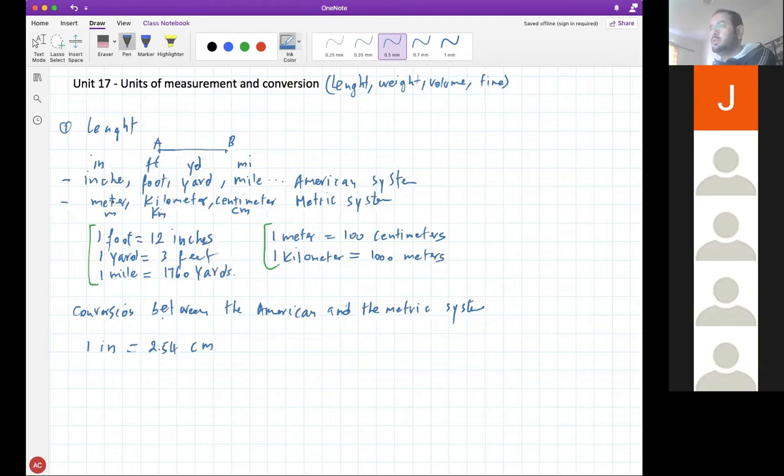Then we said something about the meters. The closest thing to the yard is the meter. So 1 meter is about exactly 1 yard. Let me give you the exact value here, 1 yard to meter, or 1 meter to a yard.